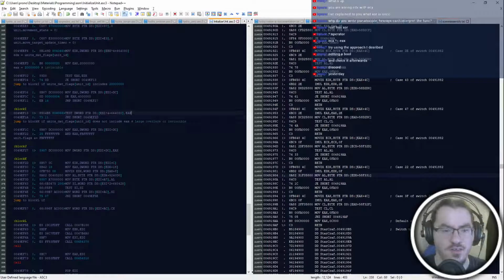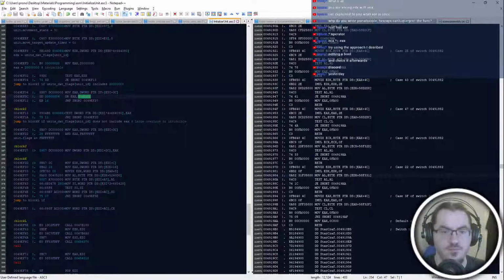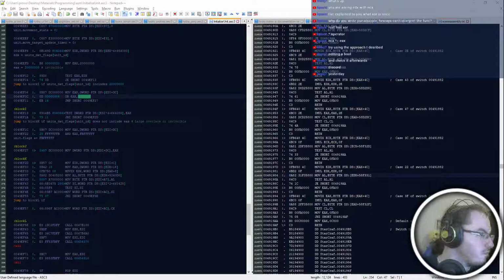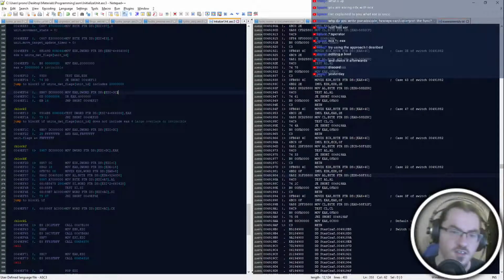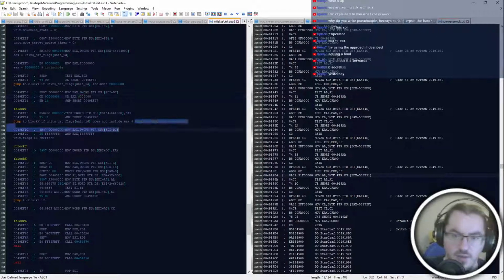Because I might be getting this wrong here. Oh, it's invincible both ways. It's invincible because this is the unit. This isn't unit stat flags. This is unit flags. So either way, it's invincible.